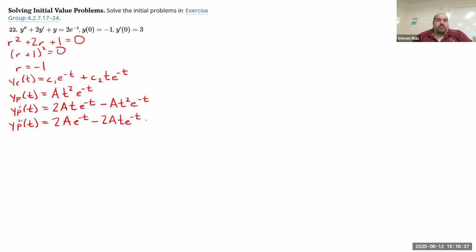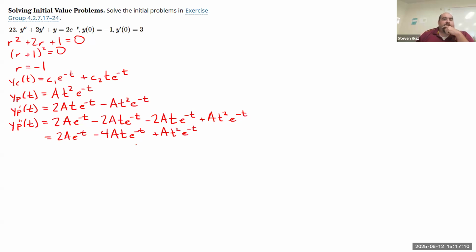All right. Minus 2at e to the negative t plus at squared e to the negative t. And I think I have some stuff that combines. So equals 2a e to the negative t minus 4at e to the negative t plus at squared e to the negative t.